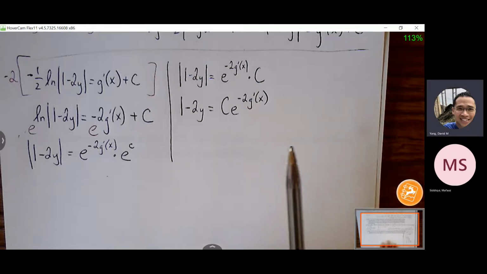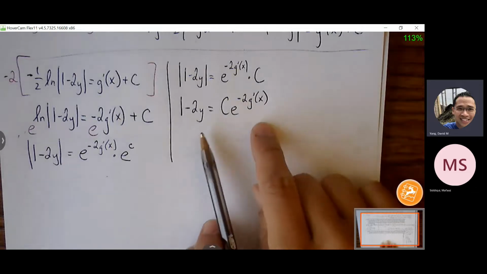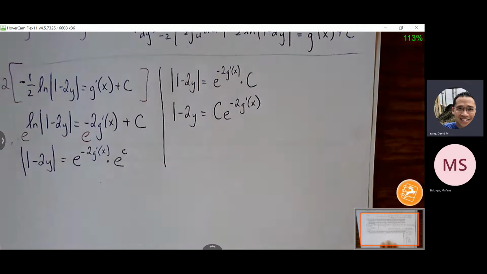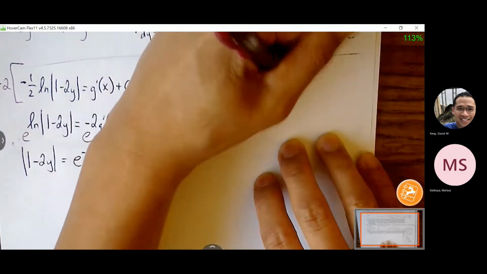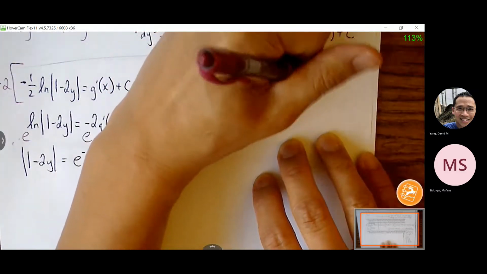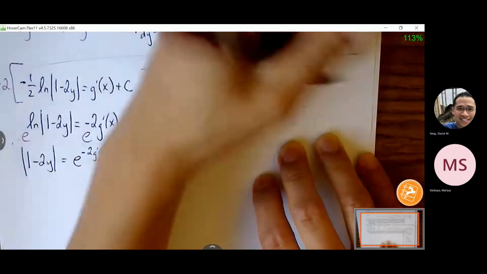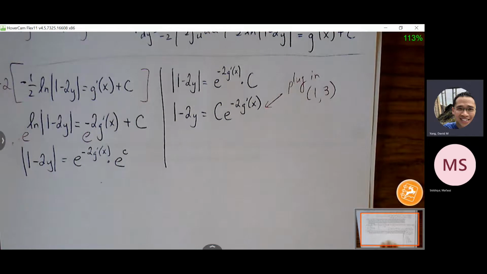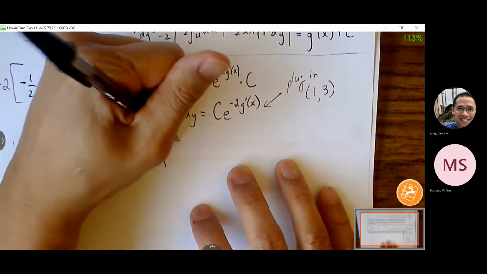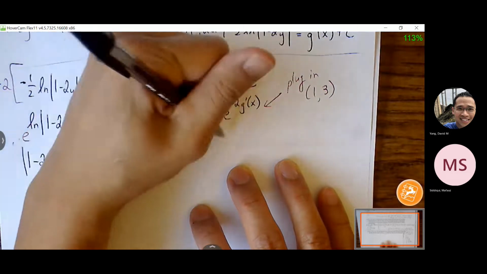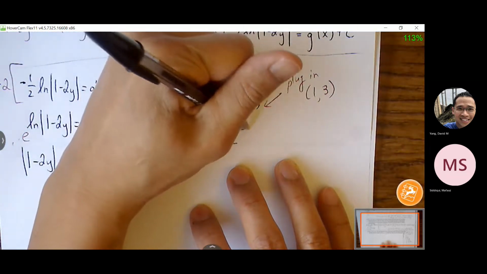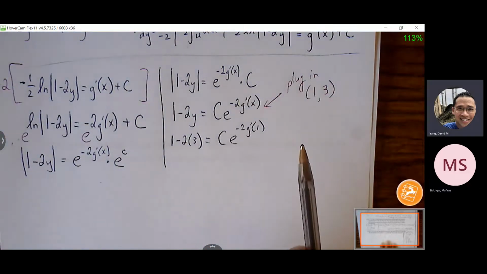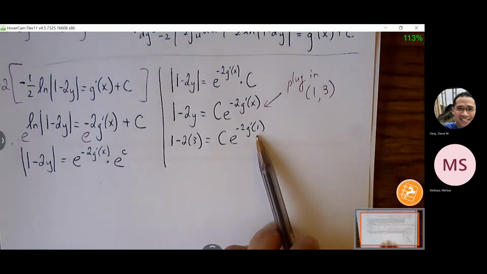I think I solved for c in a different spot on my key here. I'm going to solve for c here before my fractions come out. Okay, 1 in for x, 3 in for y. G prime of 1 is 9.